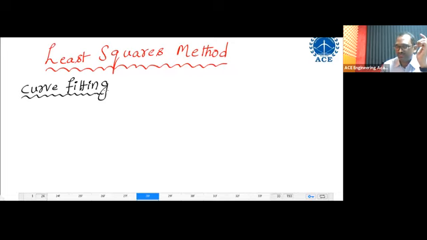Y values will be given as y0, y1, y2, y3. That is the given data. So the process of finding the equation of a curve that is most suitable for the given data, that is called curve fitting. You are given infinite number of curves. Among infinite number of curves, which curve passes through maximum number of given data points, then that curve is called curve of best fit, or curve fitting to the given data.